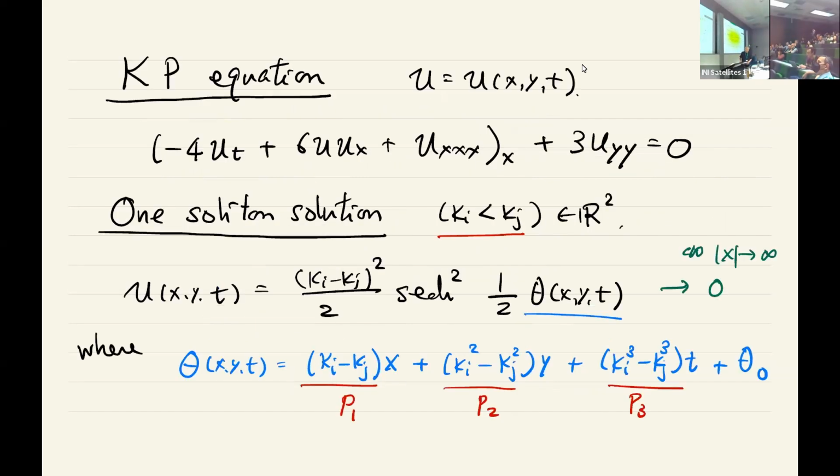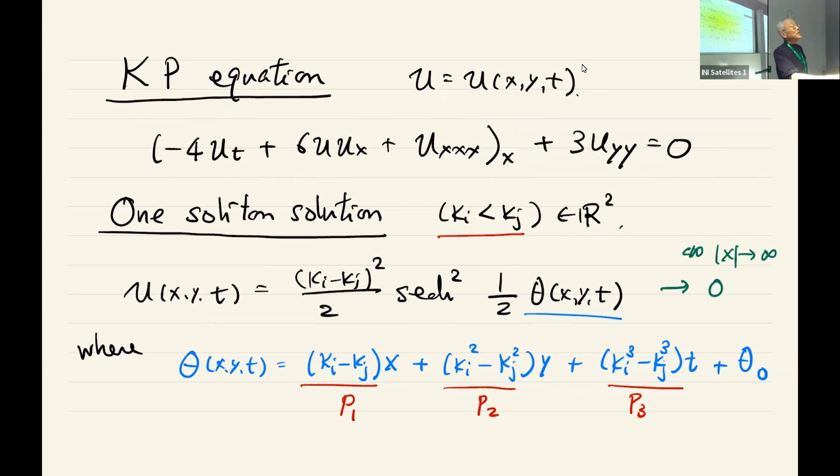Okay, so the KP equation has many solitons, but one soliton solution is given by this form. I just want to emphasize there are two parameters, kappa_j, and I put some order on them. The argument theta is, let's say, P1 x plus P2 y plus P3 t.